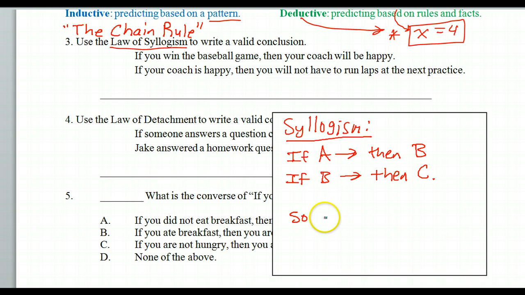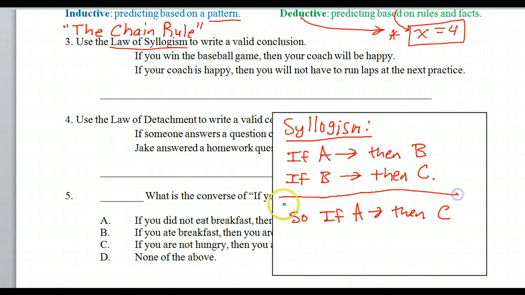So, if A happens, then C happens. That's like the conclusion. So you can see the chain. If A leads to B and B leads to C, then A will lead to C. It's like a chain.